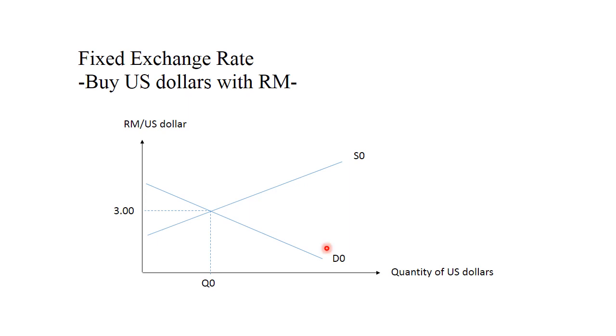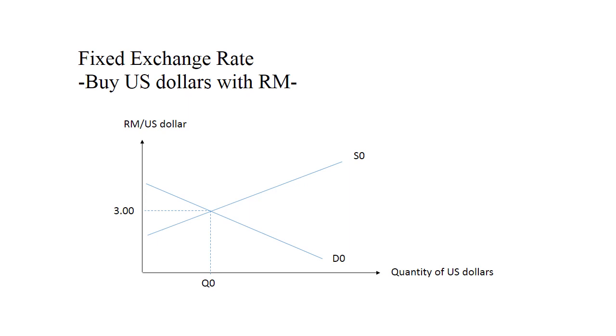Now if the demand for Malaysian ringgits increases, what curve you have to shift is the supply curve of US dollar, because Americans need to supply their currency to demand Ringgit Malaysia.